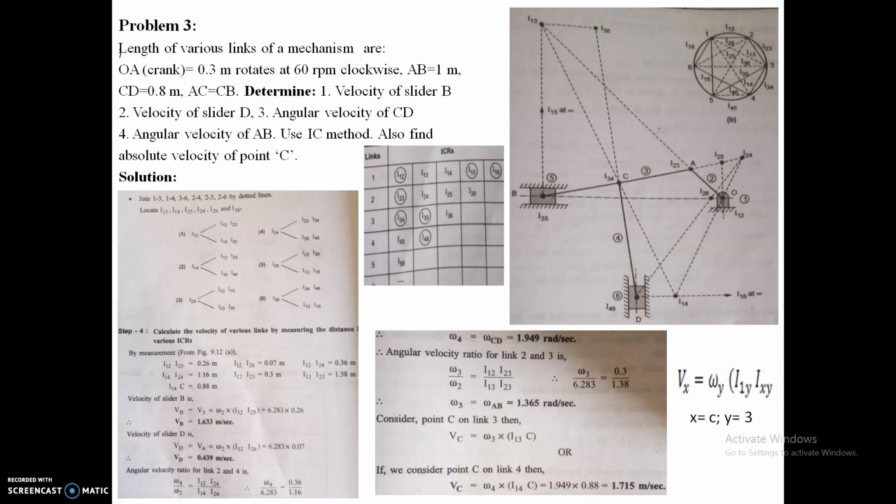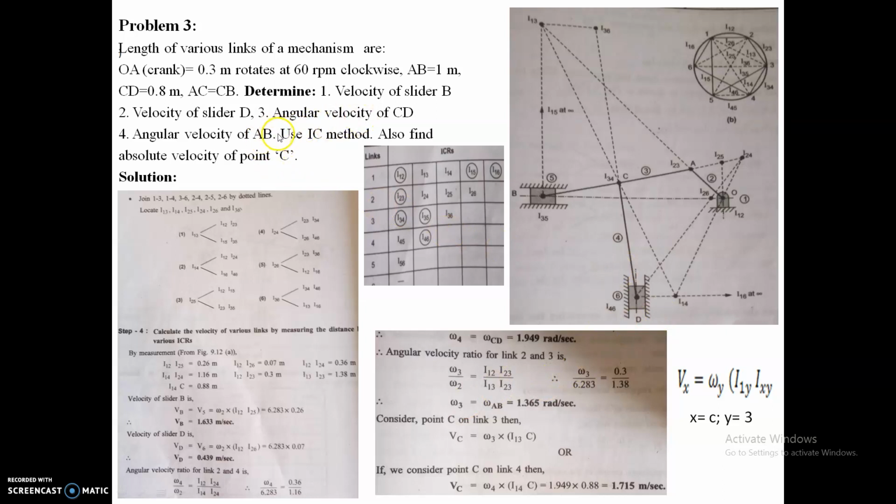Now, what is the unknown? Let's see the unknown. The unknown is the angular velocity, then the linear velocity of the links. So first of all, let us see the angular velocity of link CD, which means the angular velocities of AB and CD.